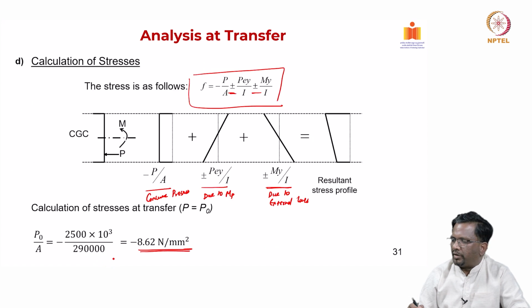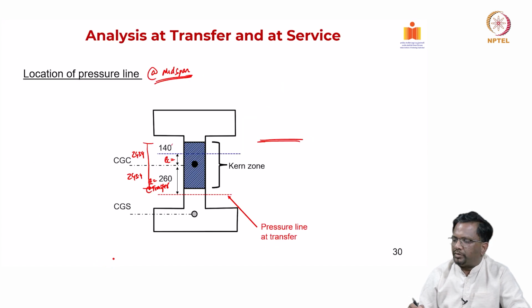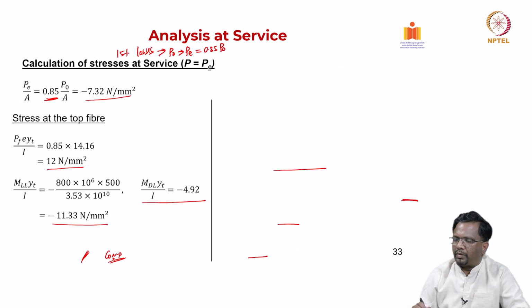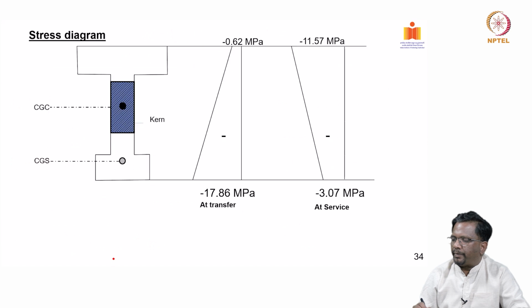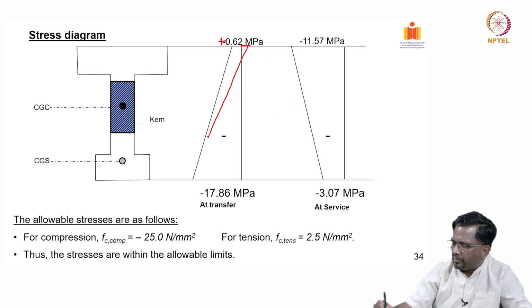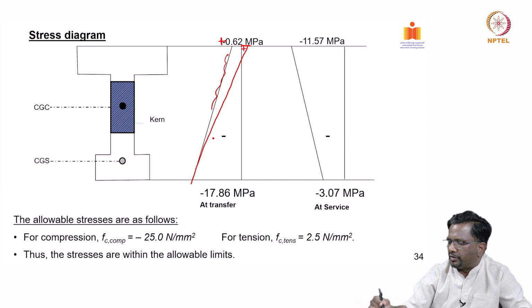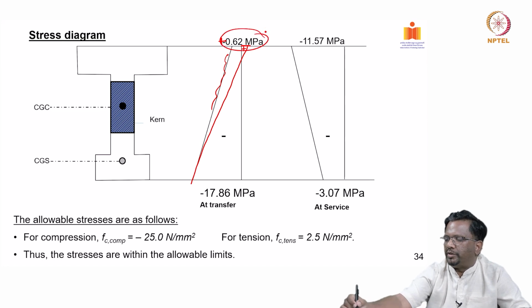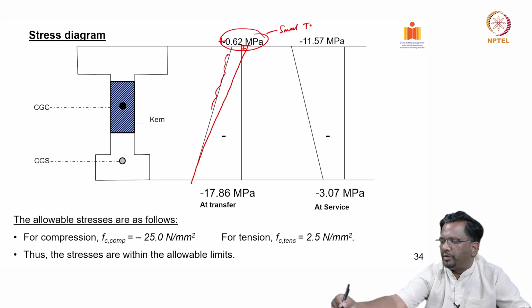So if you go back to the curve, this is not correct, this is plus. It should go like this, a very, very small value, and then it is going to go like this. So this is plus and this is minus. The entire section is pretty much in compression, but only a small tension has developed.